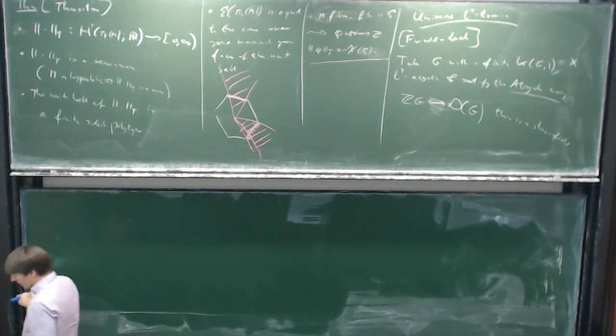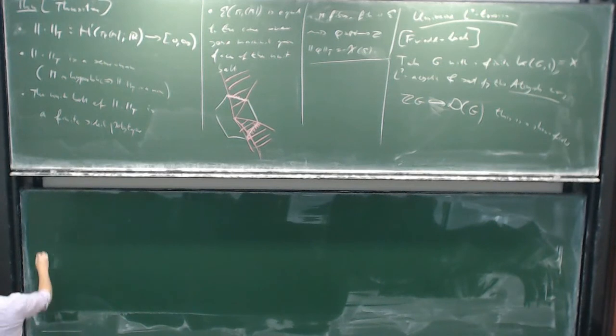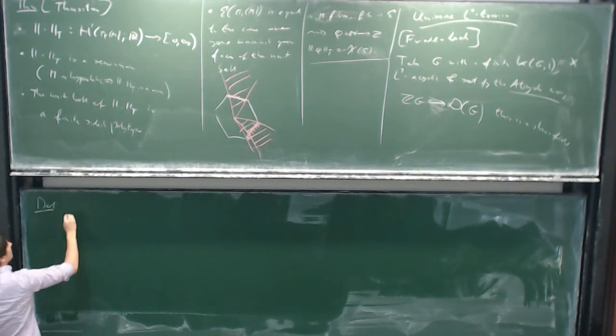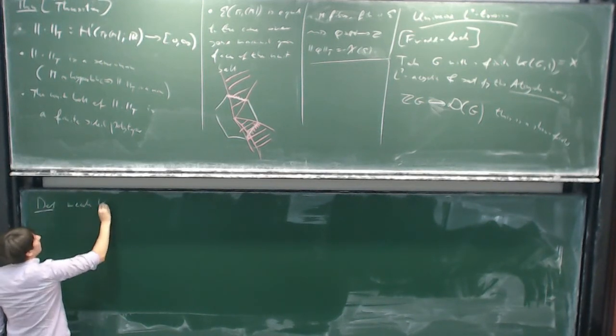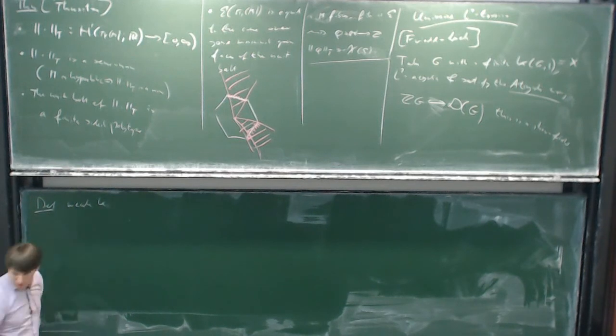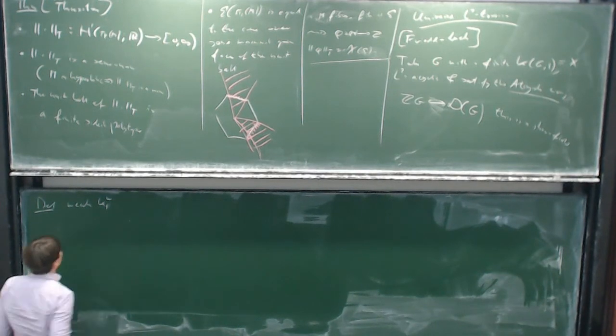Okay, so the weak K1 group. Definition. Okay, so what is that?